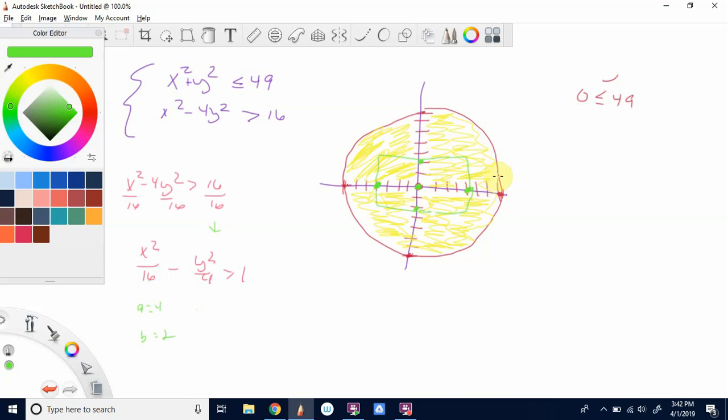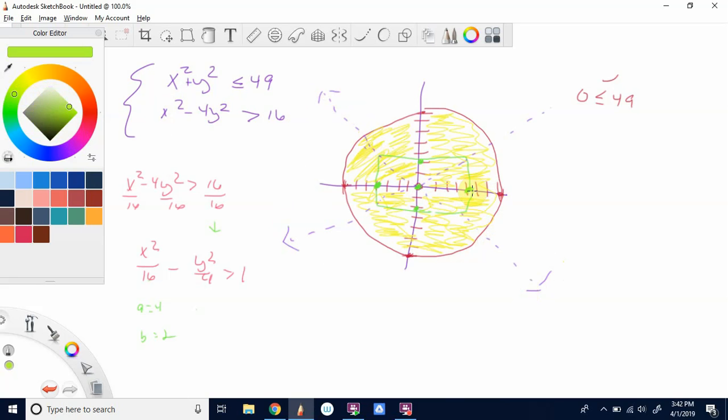And I know my asymptotes are going to do this. All right, now I need to draw my hyperbola.